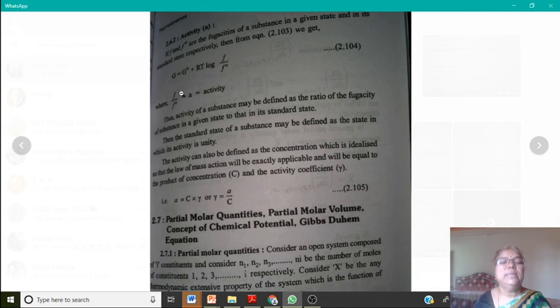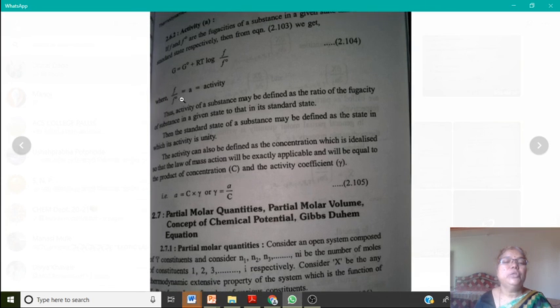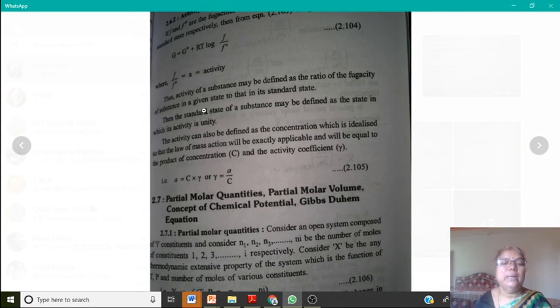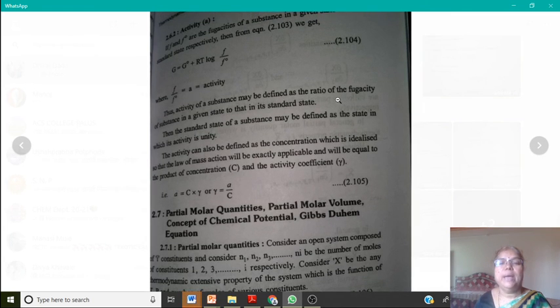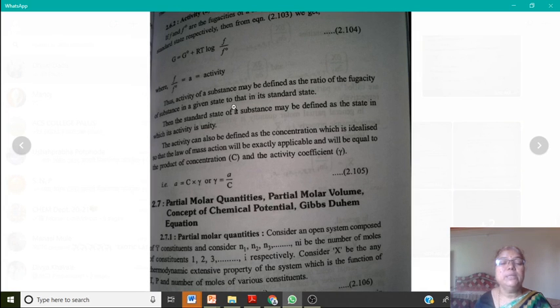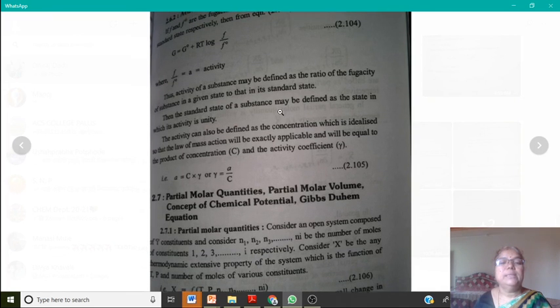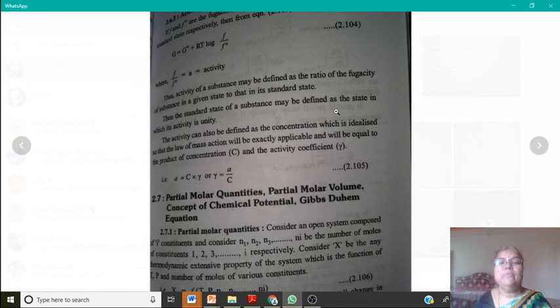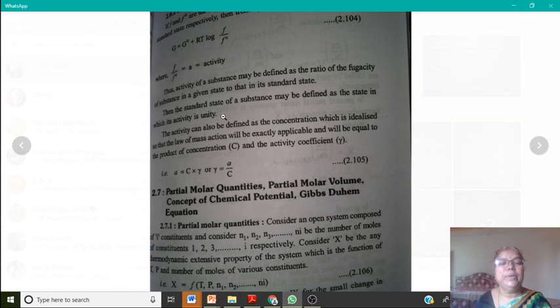That means the fugacity of any substance in any state divided by the fugacity of the substance in the standard state is given by activity. Thus the activity of a substance may be defined as the ratio of the fugacity of the substance in a given state to that in its standard state. The standard state of a substance may be defined as a state in which the activity is unity.